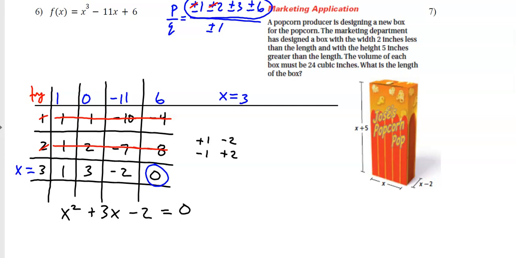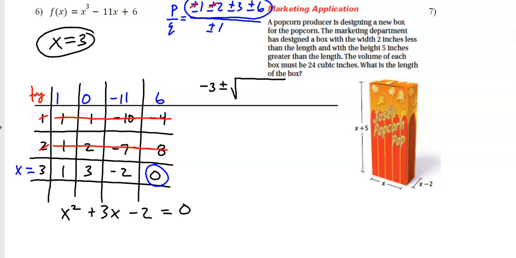All right, because what's probably going to happen is I'm going to have to use the quadratic formula on this one. So let me use the quadratic formula. So I have my x equals 3 as my one rational root. But then I got negative b plus or minus the square root of b squared minus 4ac, all over 2a.